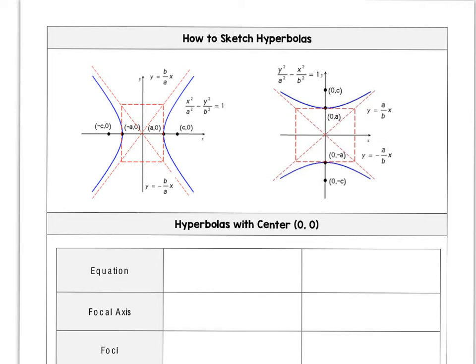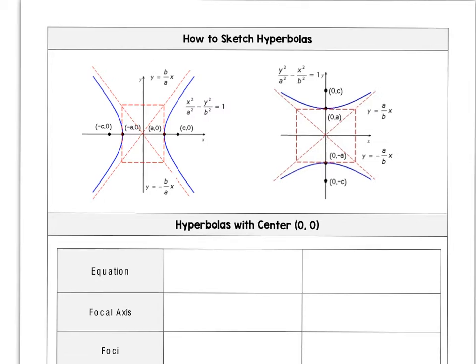So for the hyperbolas with center of 0, 0, for the first one here, we would have x squared over a squared minus y squared over b squared equal to 1.